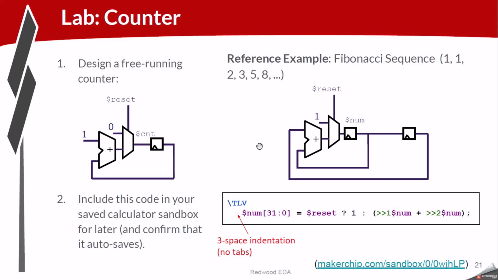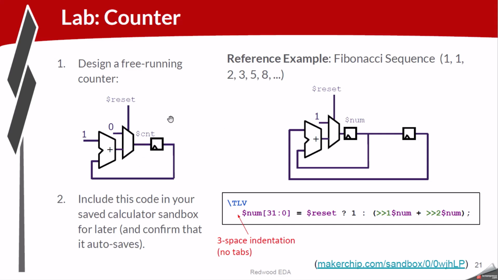Okay, so now that you've seen the Fibonacci series circuit, I'm going to let you try coding up a similar circuit on your own. This is just a slightly simpler variation of the Fibonacci circuit using a very common pattern. I've left the Fibonacci series circuit here for your reference on the right, and using that as reference for the syntax, I'm going to ask you to code up a free-running counter.